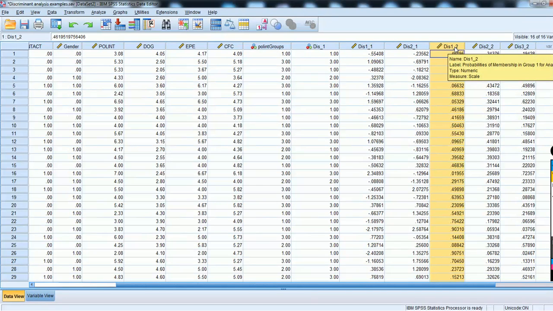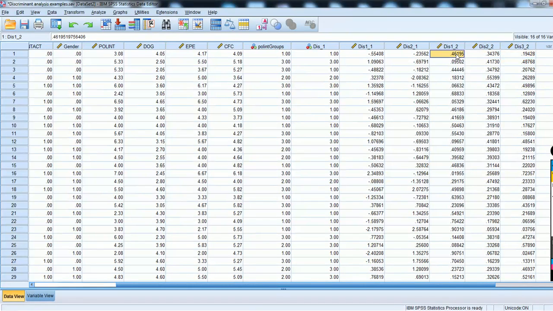You can see probabilities of membership in group 1, probabilities of being in group 2, and over here the probabilities of being in group 3. For case 1, the probability of being in group 1 was 0.46, the probability of being in group 2 is 0.34, and the probability of being in group 3 is 0.19.